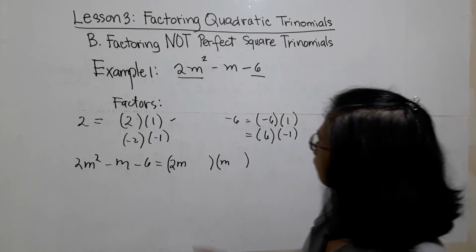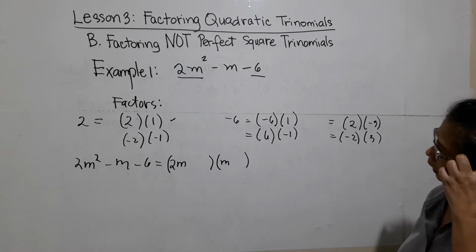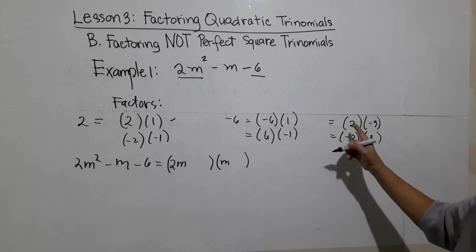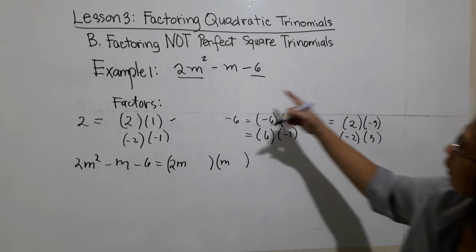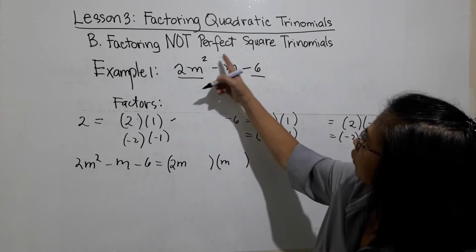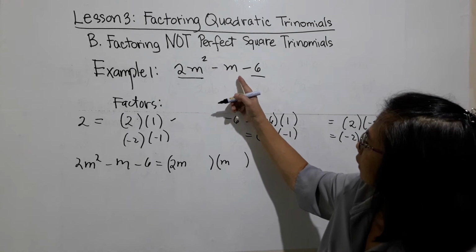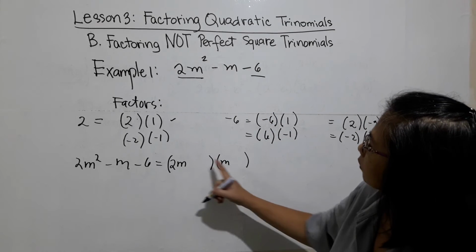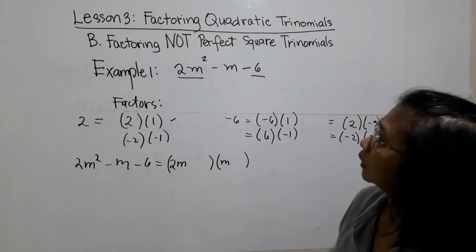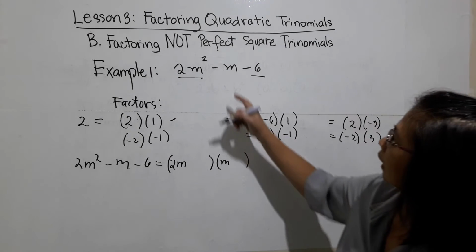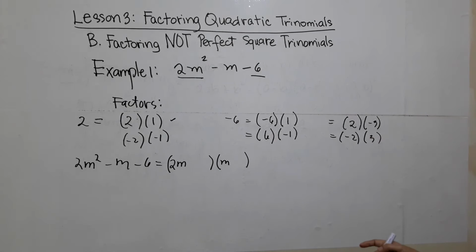Both are positive. We can try, let's start with this. See to it that the middle term, when you are going to add algebraically the terms here, doing the FOIL, we will arrive with negative 1 as the middle term.